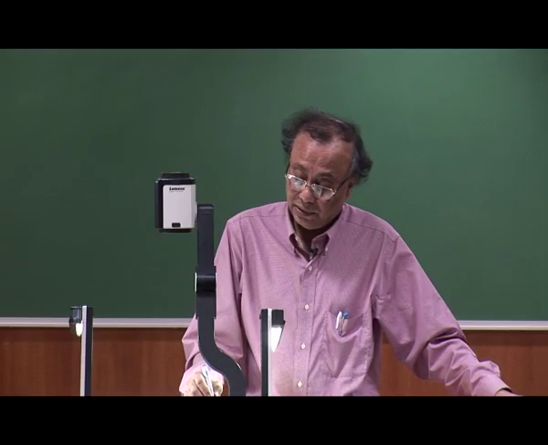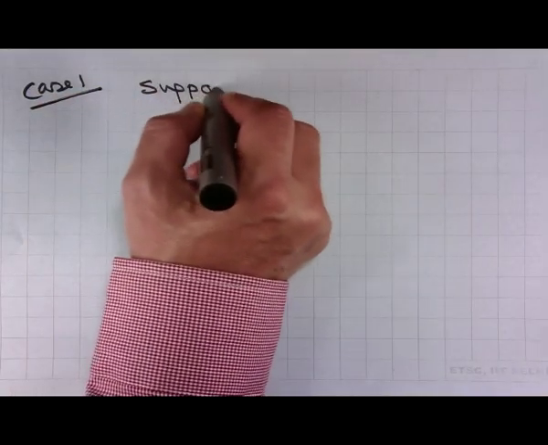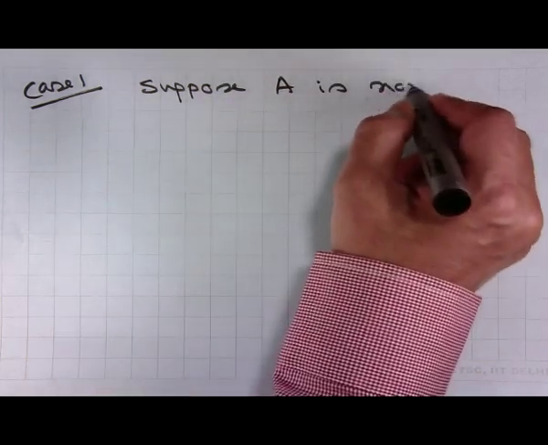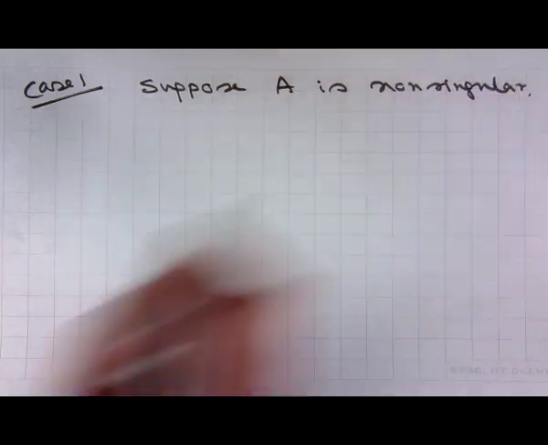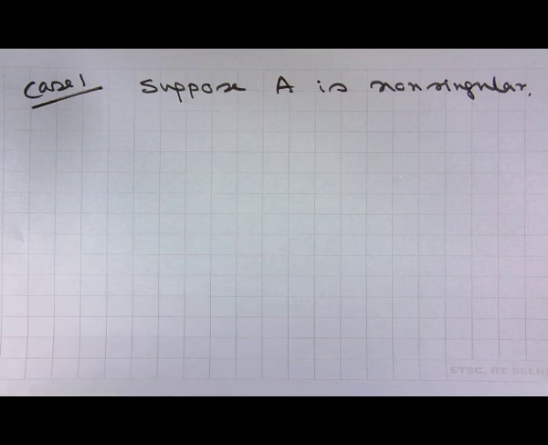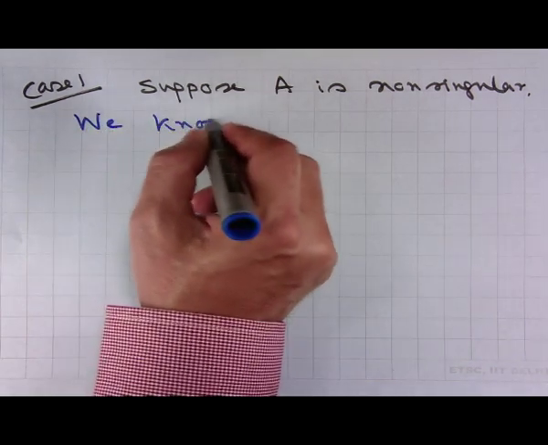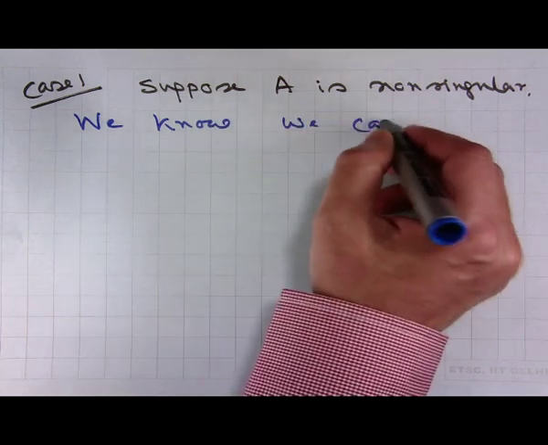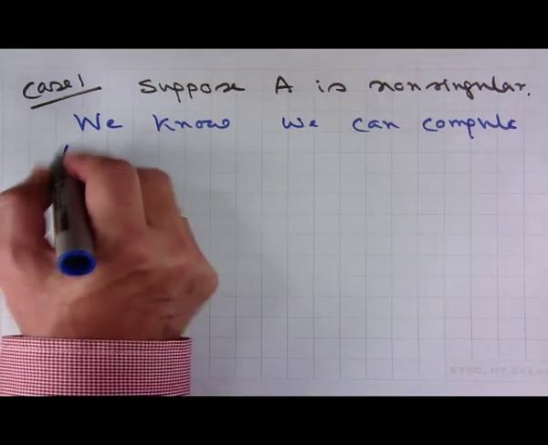Case 1. Suppose A is non-singular, then what will happen? We know that we can compute A inverse.